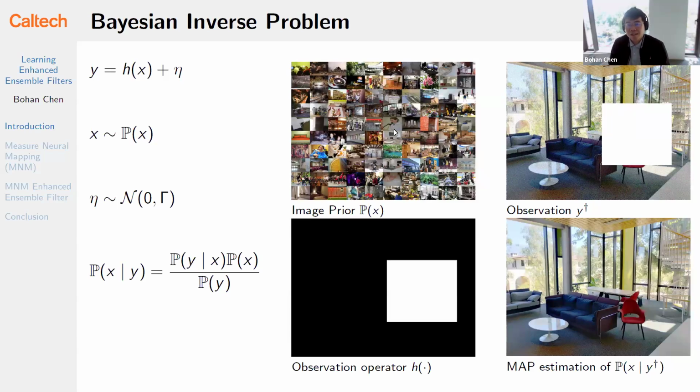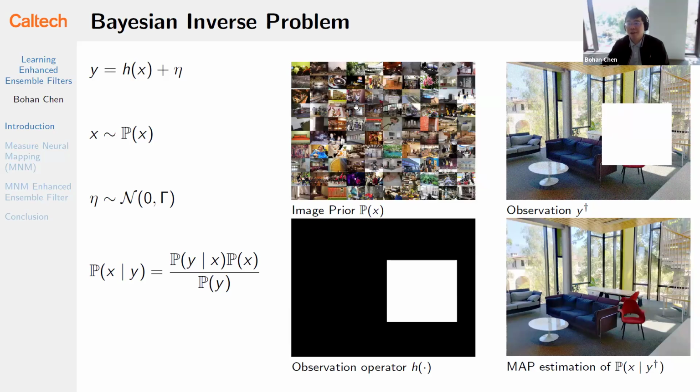First, I want to start from the Bayesian inverse problem. We have such an observation model. Here, X is the data, H is the observation operator, and eta is the noise. Y is our observation. I put a visual example here as the image in-painting task.